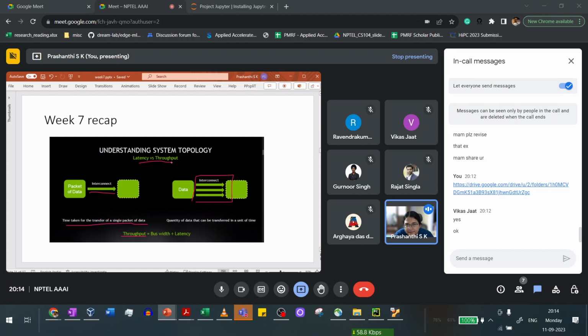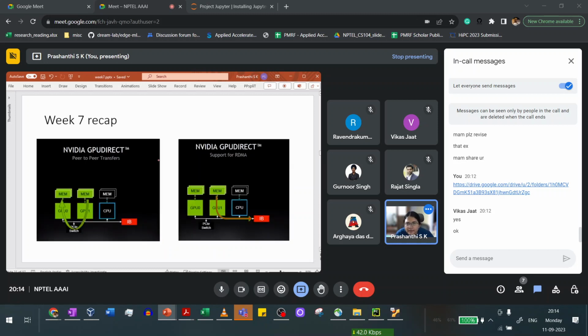And this matters because once you go into distributed training, you are going to be exchanging data on the network, right? So your system topology, your interconnects, all of these decide your latency and throughput and therefore your training time.